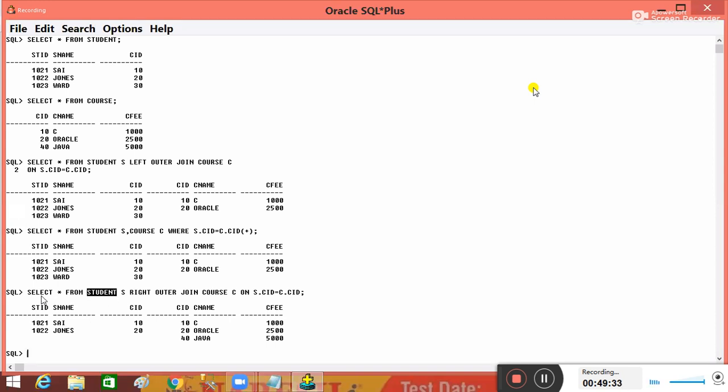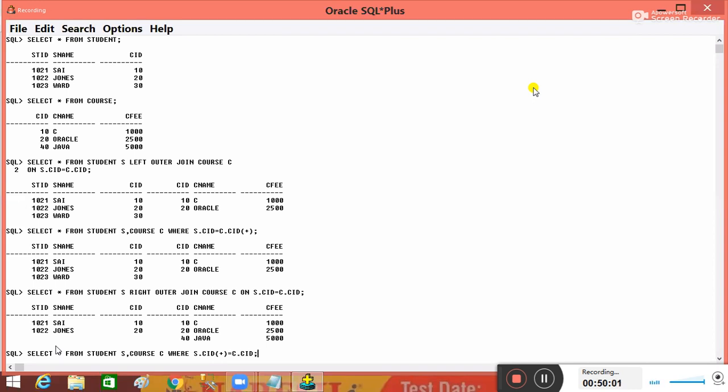Okay, this is the ANSI form. In non-ANSI, if I want to write: select a star from student S comma course C, with the condition using the plus operator, that means the join operator, on the right side. So student.cid plus is equals to course.cid.